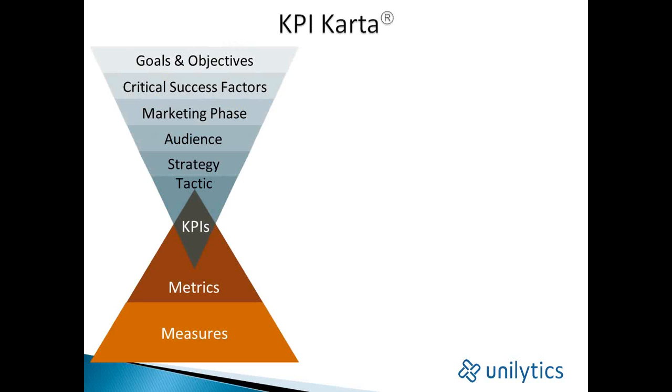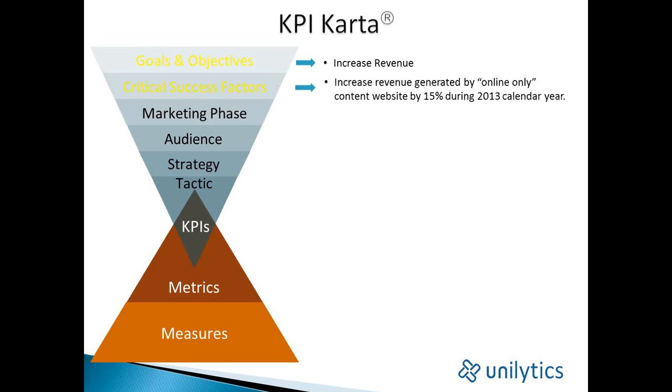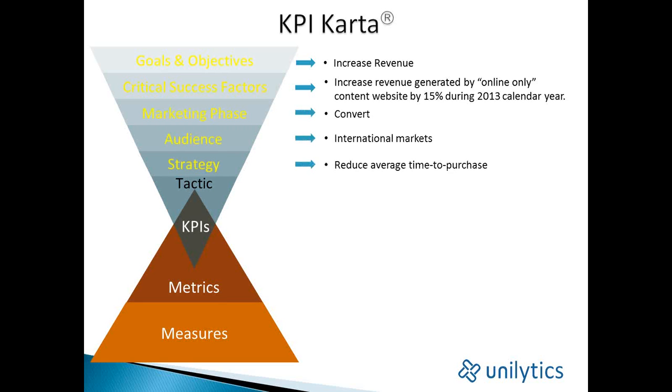So if we look at the expanded KPI Carta then, we have goals and objectives, which is to increase revenue, critical success factors, which was to increase revenue generated by online activity only by 15% in 2013. The marketing phase we chose was to convert. The audience was the international market. The strategy was to reduce the average time to purchase, and the tactic we would deploy to do that was to simplify the conversion funnel.